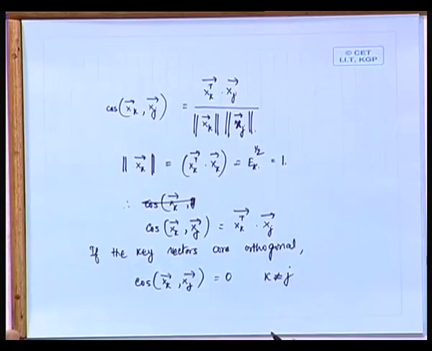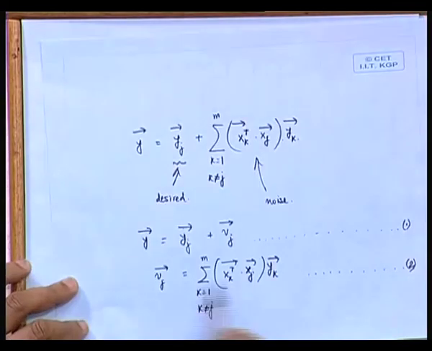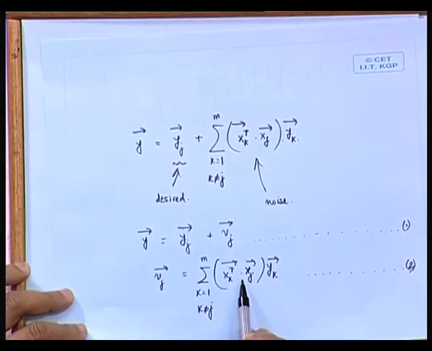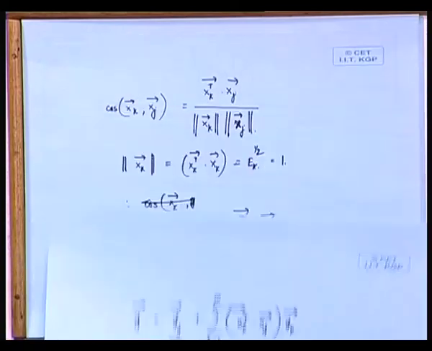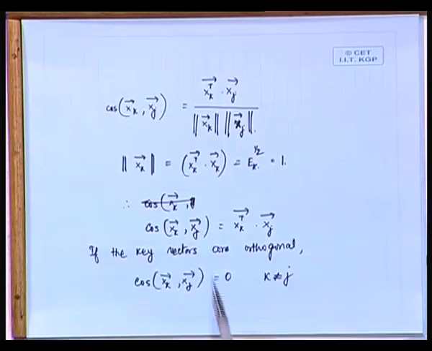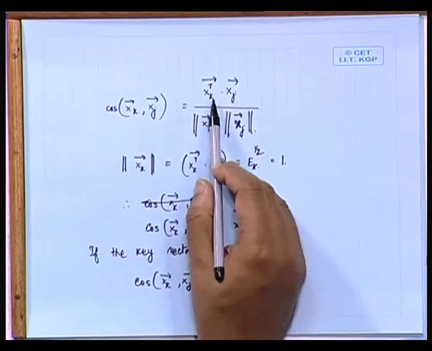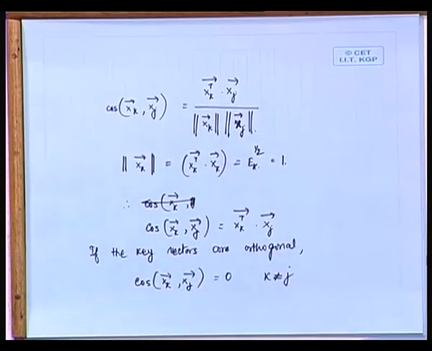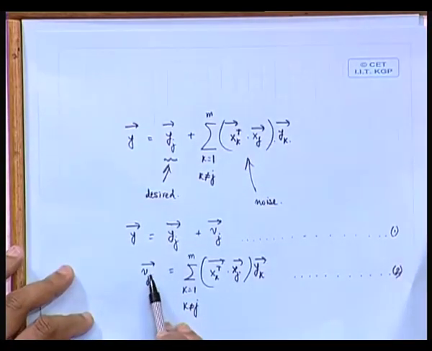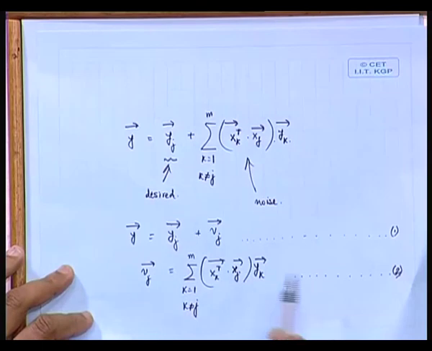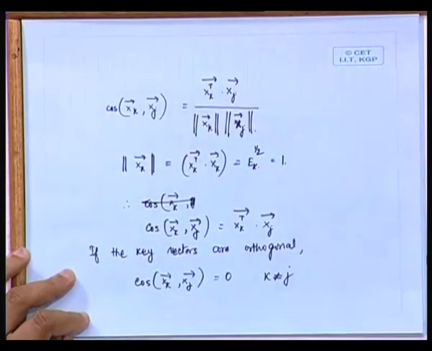And in such a case, we see that the term V j becomes equal to 0. Why is V j becoming equal to 0? Because you simply see that if the cosine term is equal to 0, then x k transpose x j is also equal to 0, and if this term is equal to 0, then the V j vector is equal to 0, and V j equal to 0 means y is equal to y j. It is a perfect recall.